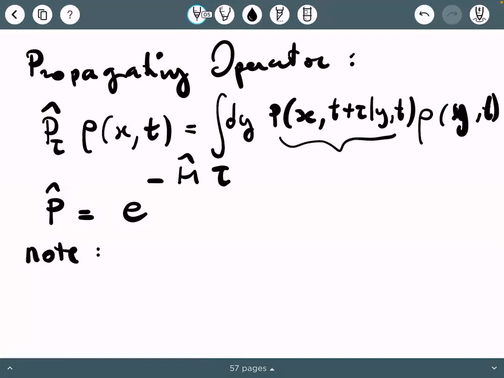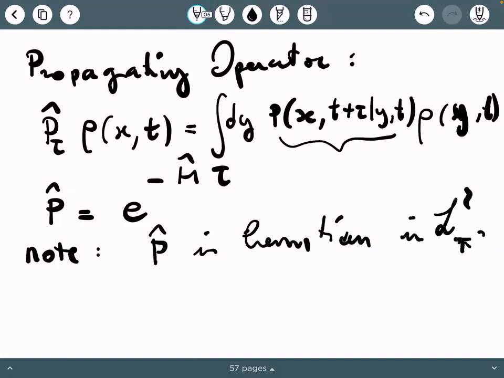So note that P is Hermitian in L2 pi minus 1. How do I prove it? Well, in the following way.